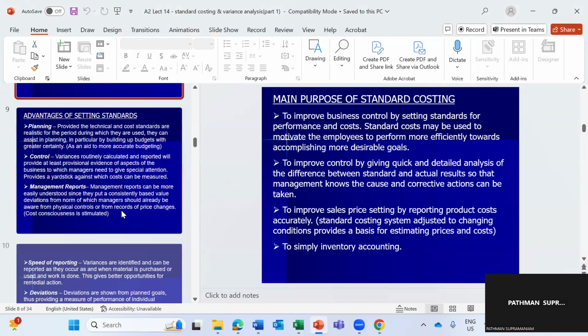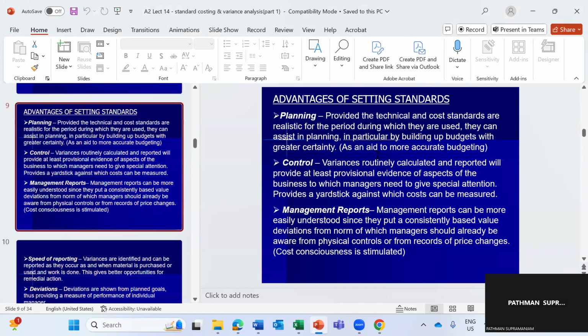The advantages of standard costing is it enables us to plan and control, because once we have detected where the actual cost differs from the standard cost, we will know where we have underspent or overspent.